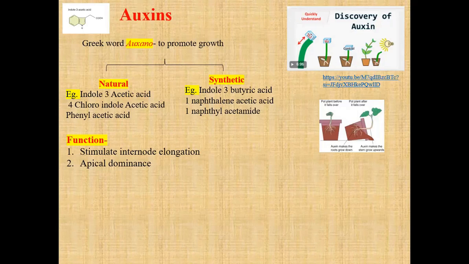If you cut this apical portion, lateral bud formation starts. As long as the apex is there, there is no lateral bud formation. But if you cut or remove this auxin, then lateral bud formation occurs. So auxin is responsible for apical dominance, meaning the upward growth of the plant.